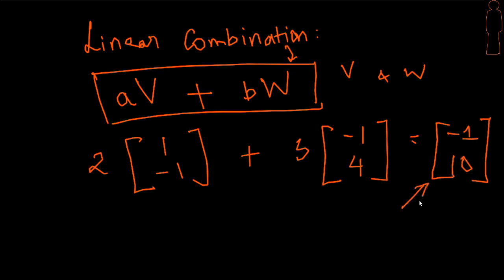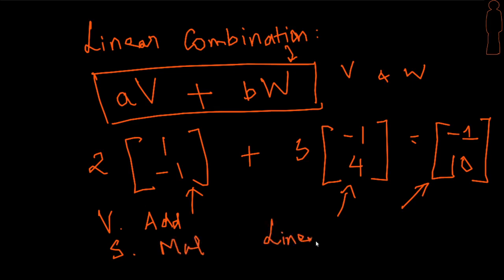So the resulting vector is a linear combination of the vectors (1, minus 1) and (minus 1, 4). So those are those very simple concepts of vector addition, scalar multiplication, and linear combination.